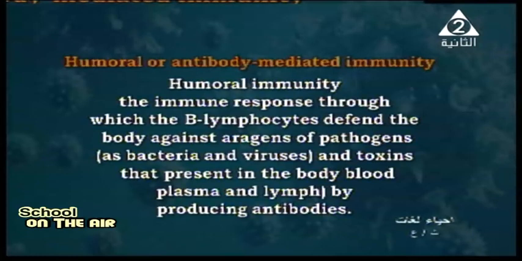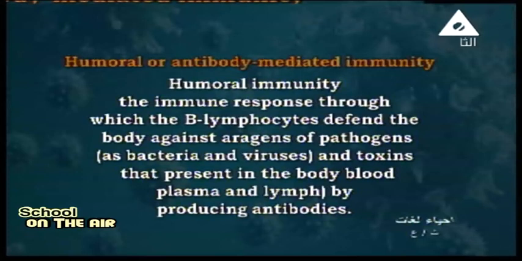Humoral or antibody mediated immunity means the immune response through a certain type of white blood cell known as the B lymphocyte. This B lymphocyte defends the body against pathogens like bacteria, viruses, and any toxic substance that enters the body through the plasma or lymph, by producing antibodies.